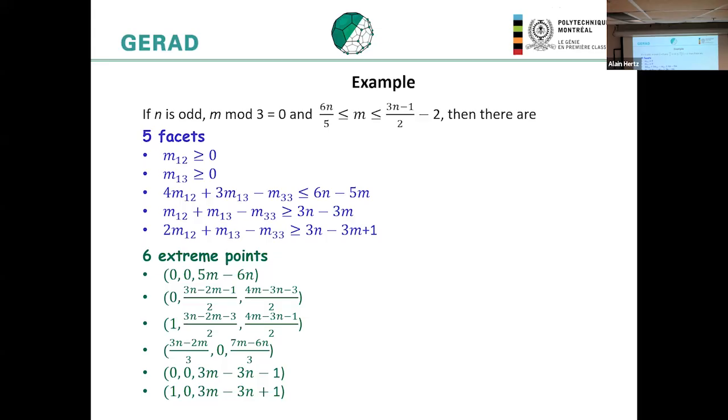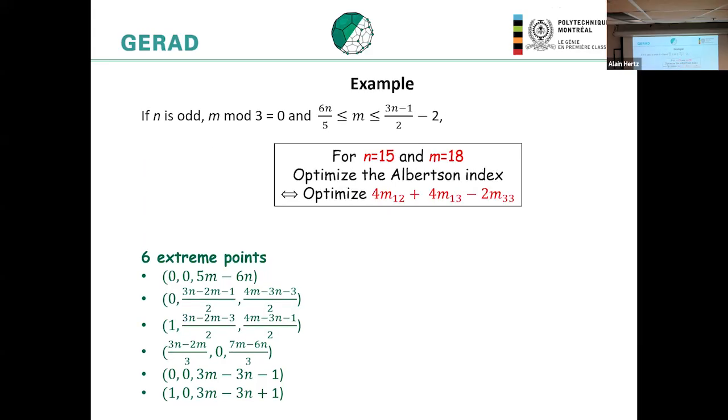So let's say that a chemist comes now and says, I would like to know what is the best molecule with 15 atoms, 18 bonds with the Albertson index. What's the best? I said, very simple. First of all, n is odd, okay. M is a multiple of 3, and you can check that this is okay. So this is one of the 96 polytopes. To know which of the polytopes, this is a partition, it's very easy.